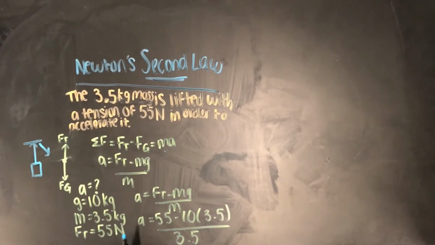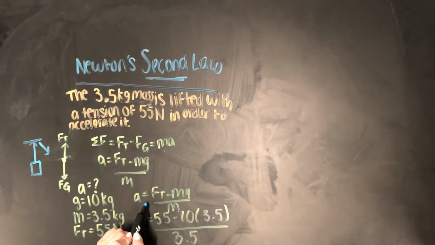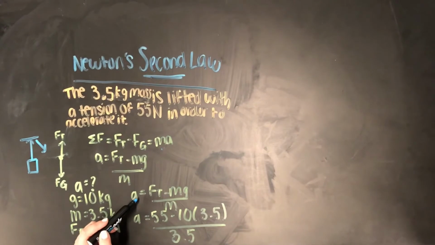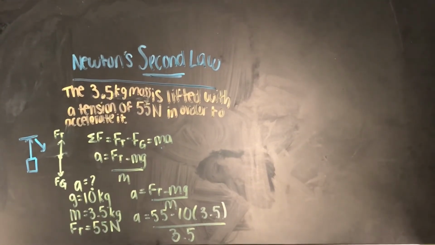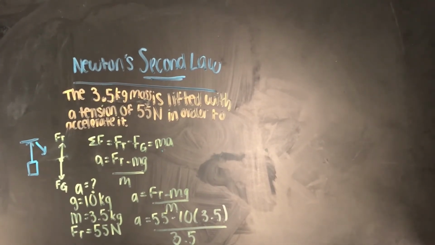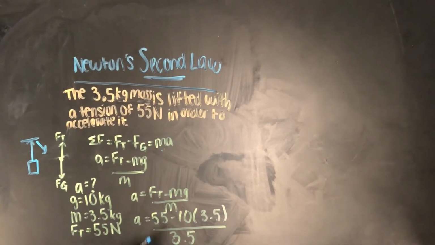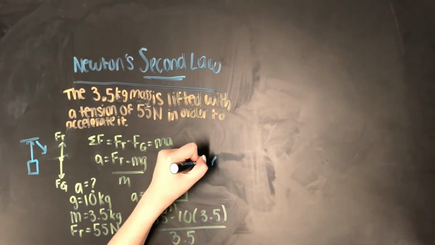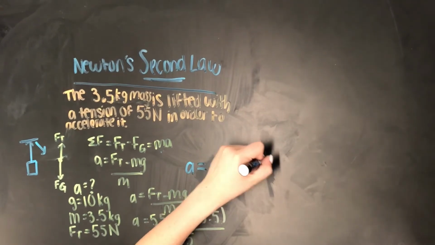So then after we write all our data out, we write the equation, which is a equals Ft minus mg over m, and after that, we plug in the numbers. So you get a equals 55 minus 10 times 3.5 over 3.5. And after you solve that, you get a equals 5.7 meters per second squared.